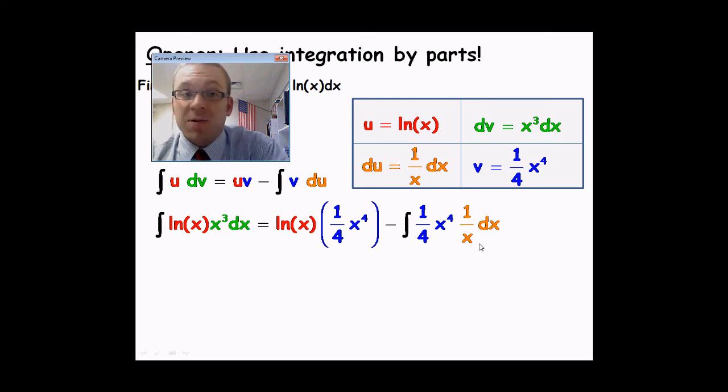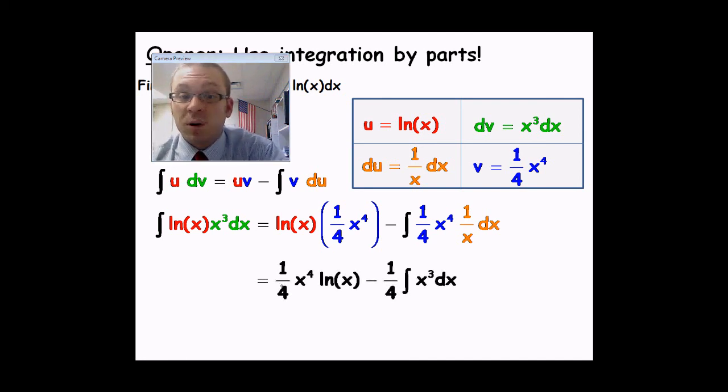Then the next step is cleaning things up a little bit, getting some of that algebra taken care of. So why don't I have it flash on the screen here. I've got 1/4 x to the 4th natural log of x minus 1/4 integral of x cubed dx. Exactly what we wanted to happen occurred here.